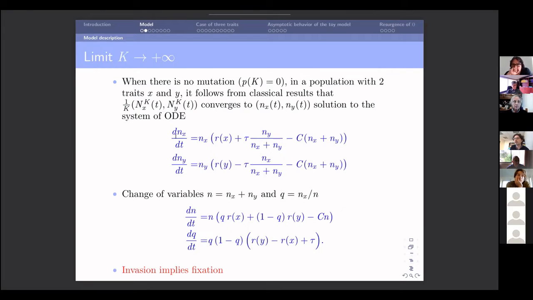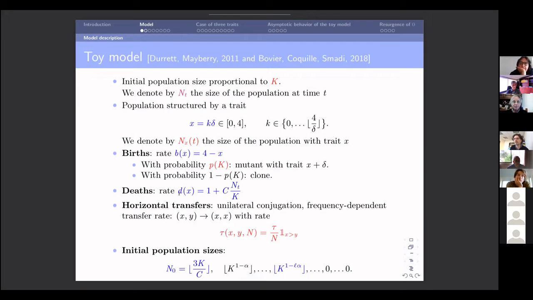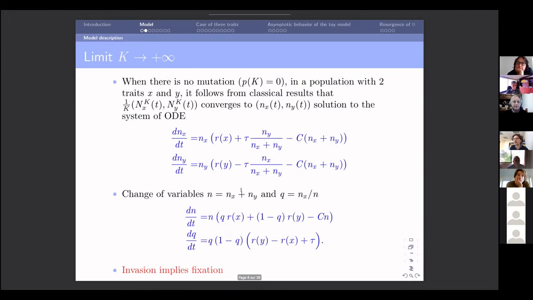So in this case, you get that the solution (nx, ny) is a solution to an ODE, saying that the time derivative of nx is nx times a growth rate, and the growth rate is R of X. So R of X is just B of X minus D. I forgot to write down this.